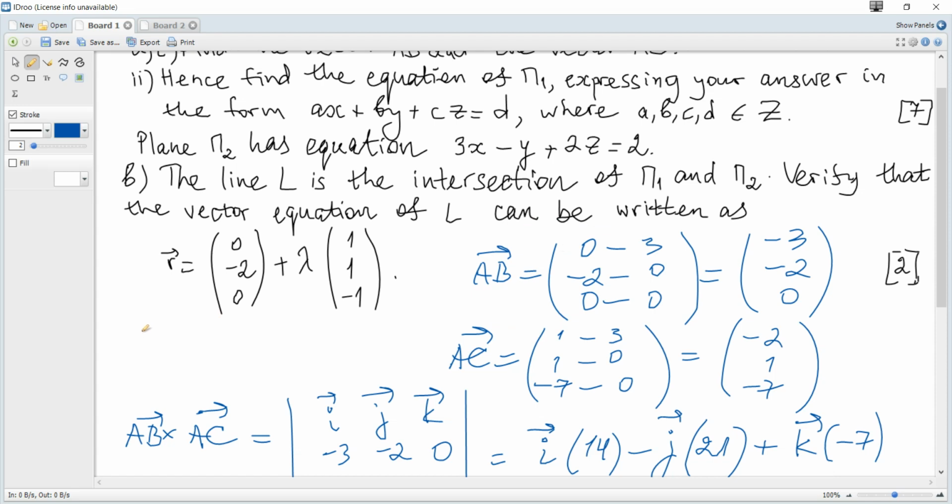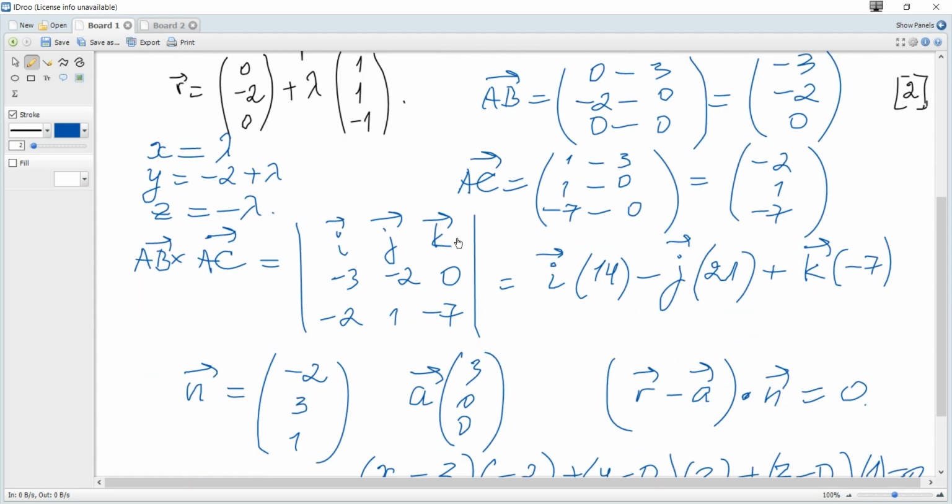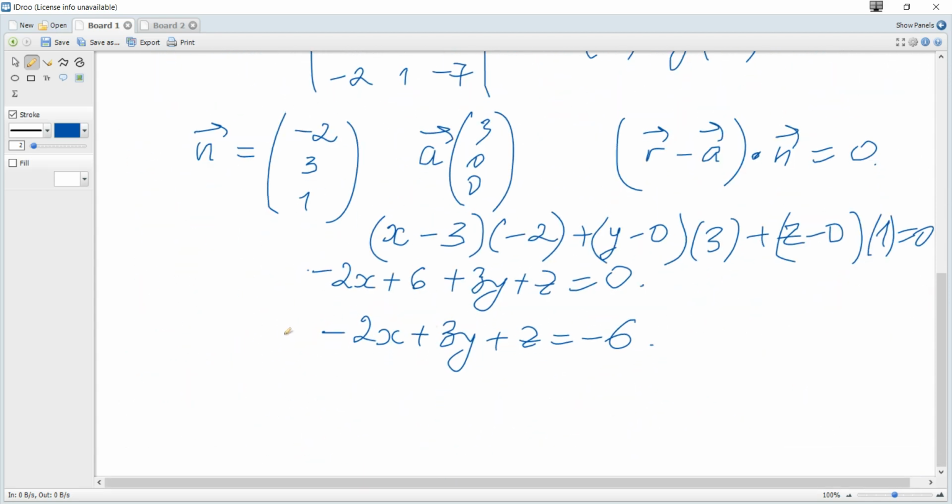Let's rewrite this line: x is just 0 plus 1 lambda, or just lambda. y is -2 plus lambda, and z is -lambda. So we just substitute x, y, z in the equation of the plane pi1.